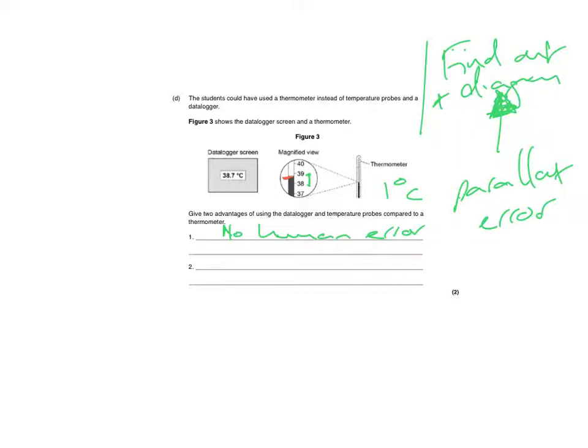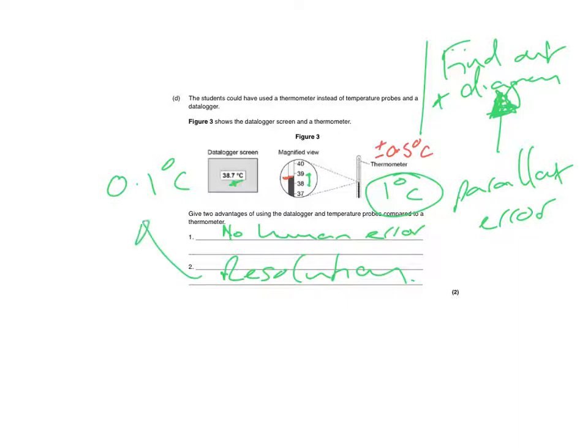So what we would say is we can know the difference plus or minus half a degree. And we're going to get into that later on, something called uncertainty. But the resolution here is 1 degree, but it leads to a guess of plus or minus half a degree either side. This one here though goes to 1/10 of a degree, so it goes to 0.1. So it has a better resolution. And resolution is the smallest thing you can measure.